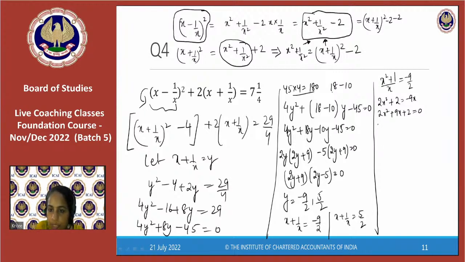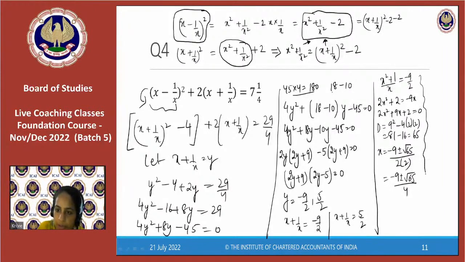So your D here is 9 square minus 4AC, 81 minus 16 makes it 65. So value of x is -9 plus or minus root 65 by 2 into 2. That is -9 plus or minus root 65 by 4.